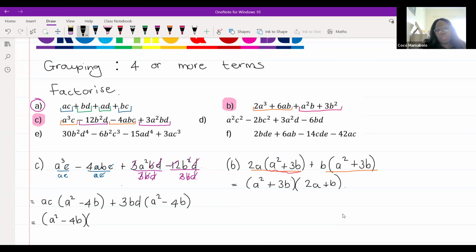Open brackets, and over here, if I take away a squared minus 4b, I'm going to have ac left, plus, and if I take a squared minus 4b away over here, I'm going to have 3bd left.